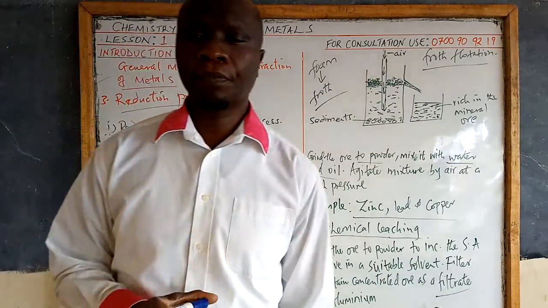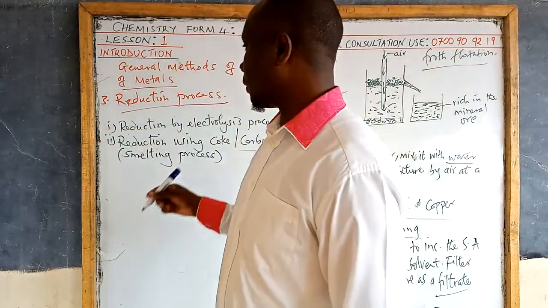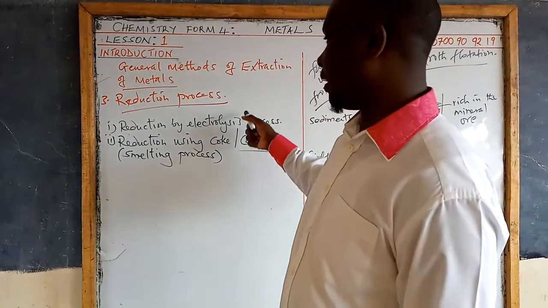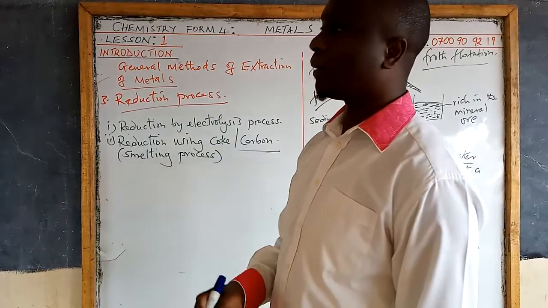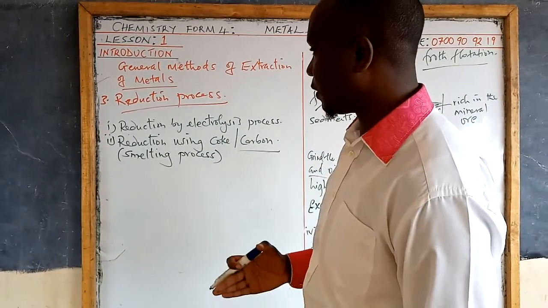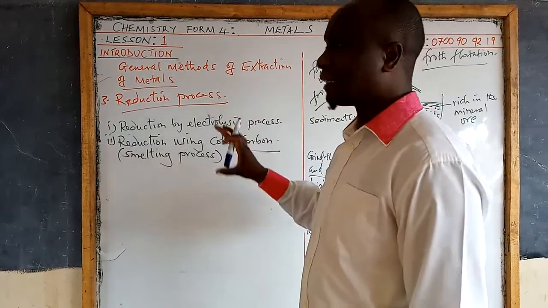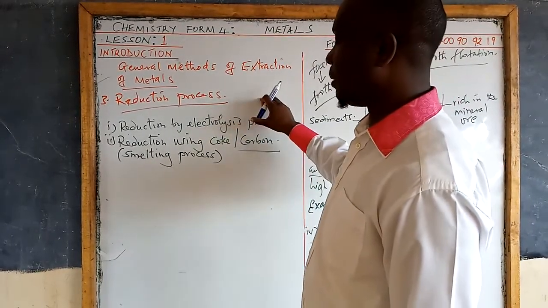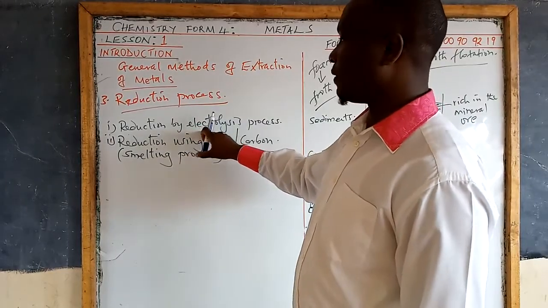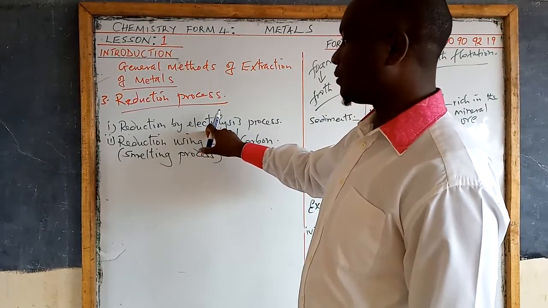So as I was saying, which method to use? Whether to reduce the metal by electrolysis or by carbon, it will depend on the position of the metal in the reactivity series. Though electrolysis can be used to reduce any metal, sometimes it is very expensive because of the cost of electricity.